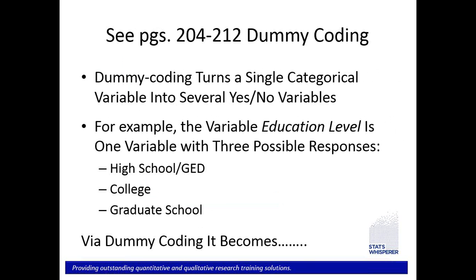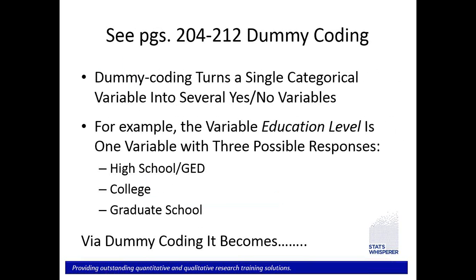For example, the variable education level is one variable with 3 possible categorical responses: high school GED, college, or graduate school. The study participant would choose one of these 3 categories.